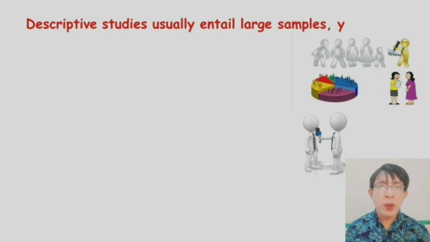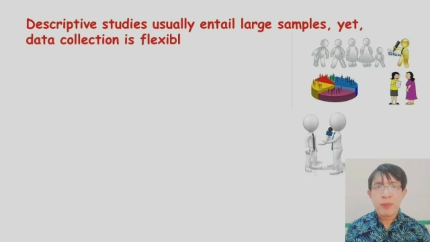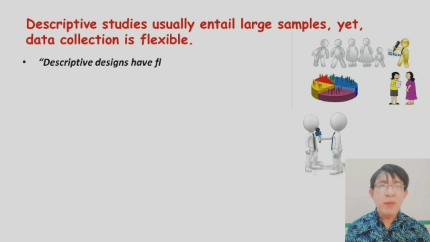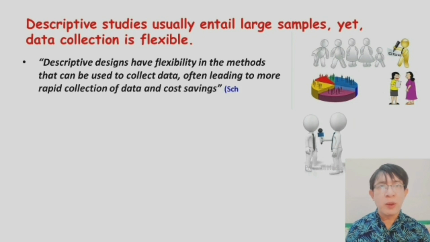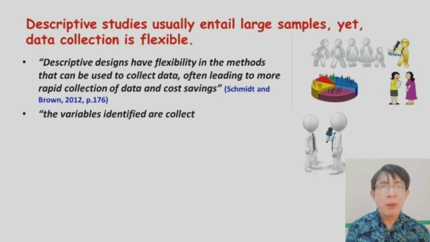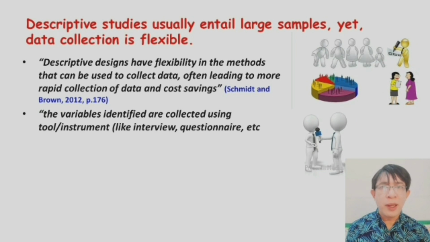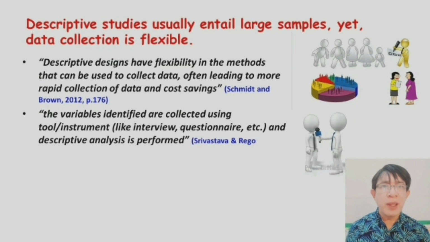Descriptive studies usually entail large samples, yet data collection is flexible. Descriptive designs have flexibility in the methods that can be used to collect data, often leading to more rapid collection of data and cost savings. In this phase, the variables identified are collected using a tool or instrument like an interview or questionnaire, and descriptive analysis is performed.